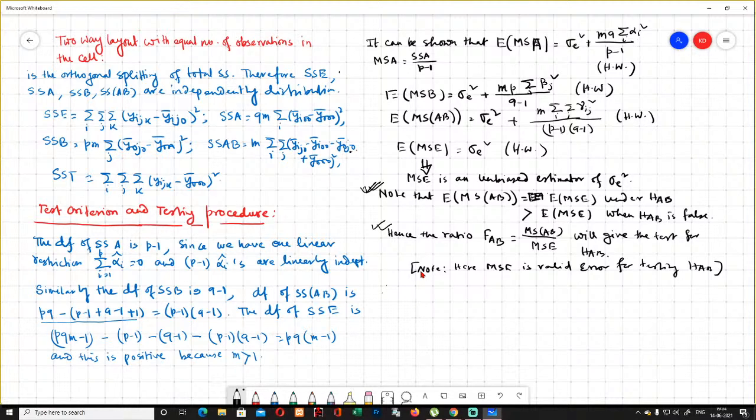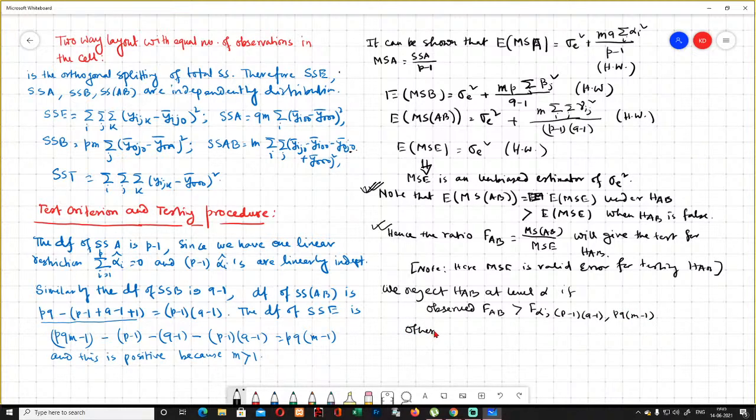Okay, so we reject HAB at level alpha, which is the level of significance, if the observed F, I denote this ratio by FAB, so observed FAB is greater than F alpha, P minus 1 into Q minus 1, PQ into m minus 1.